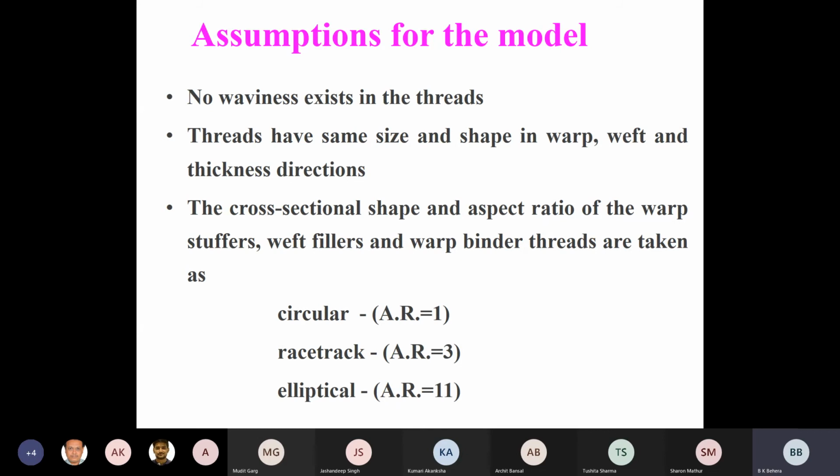In elliptical this value is about 11. This is calculated by taking the actual cross-section of the yarn in the fabric. If it takes a racetrack shape, the aspect ratio is going to be 3. If elliptical, it is going to be 11.